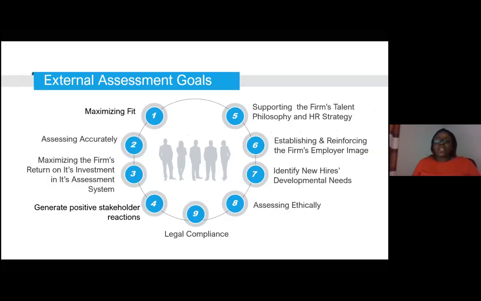Now, the assessment goals, as listed by Phillips and Gully, are maximizing fit, assessing accurately, maximizing the firm's return on its investment in its assessment system, generating positive stakeholder reactions, supporting the firm's talent philosophy and HR strategy, establishing and reinforcing the firm's employer image, identifying new hires' developmental needs, assessing ethically, and finally, and very importantly, legal compliance.